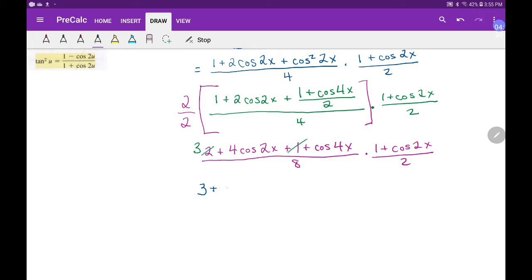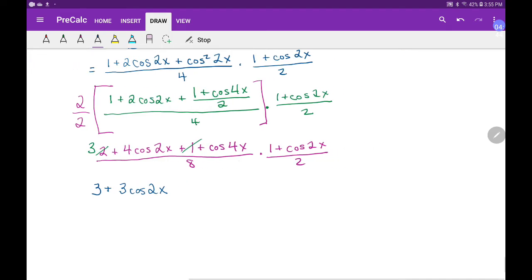Plus 3 times cosine 2x, okay? And then I'm going to multiply everything by that, the 2 things over here. So I get my 4 cosine 2x, and then plus 4 cosine squared 2x.